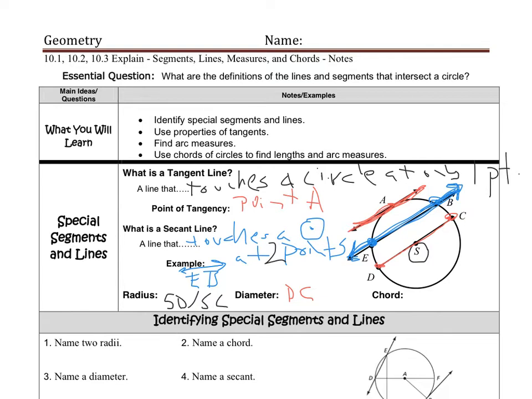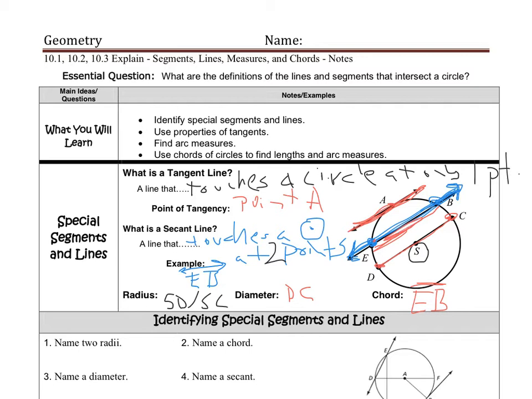And then the last thing was a chord. A chord is a segment, not a line. That means it has a starting point and an ending point. To be a chord, you just have to have 2 points on the circle. And actually, there are 2 chords here. You have EB, and when I say EB, I'm talking about starting at E and only going to B and not extending out any further than that.